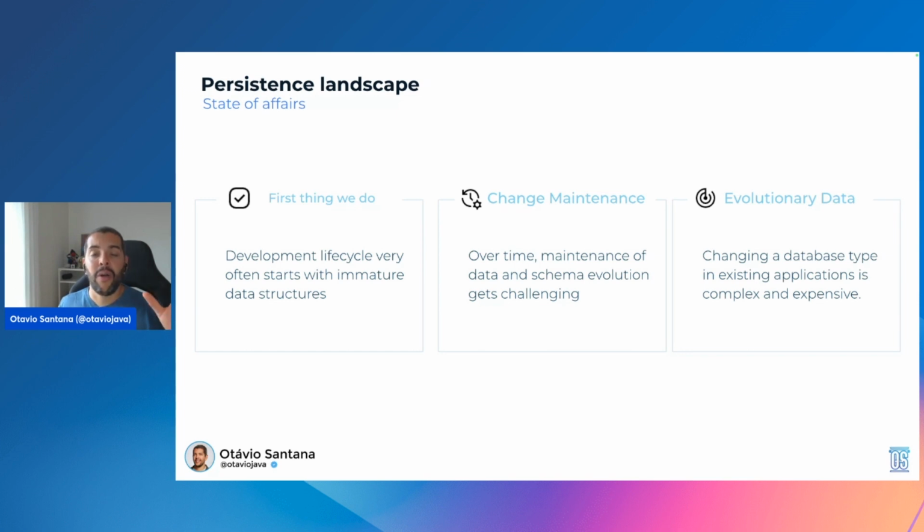That's the time where we have no idea about the business, or the business is not mature enough. And then we need to keep doing refactoring. And what does that mean for us? Refactoring for us in database means migrations, and it takes a long time to make it happen. And of course, evolving. So evolutionary data is important from any business perspective.